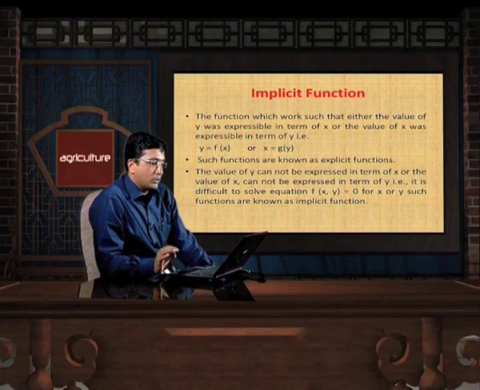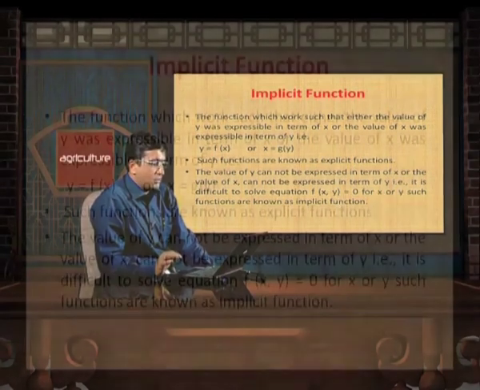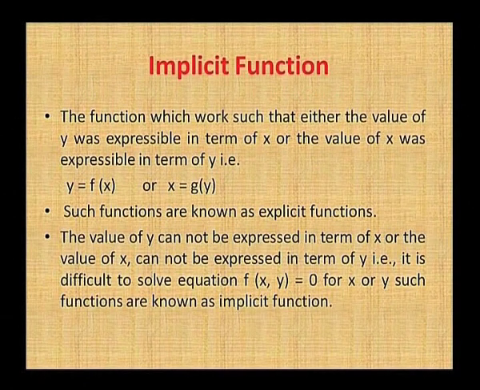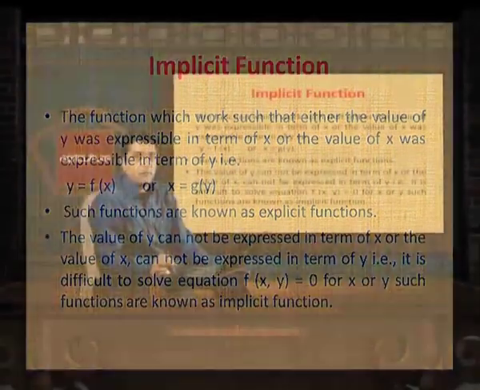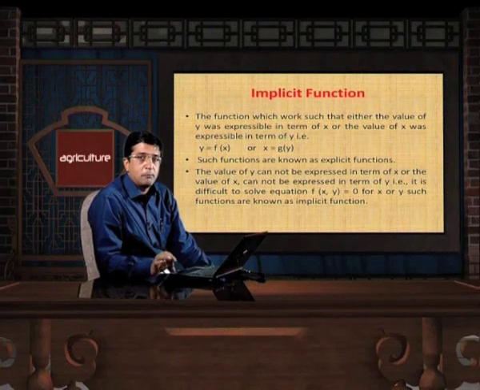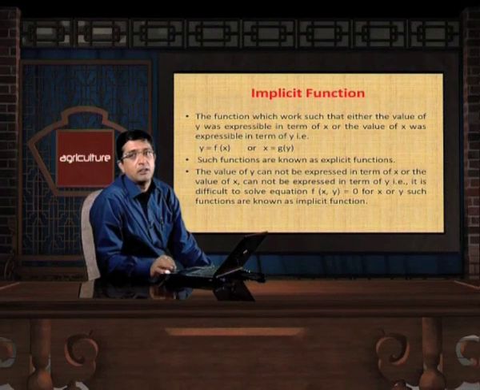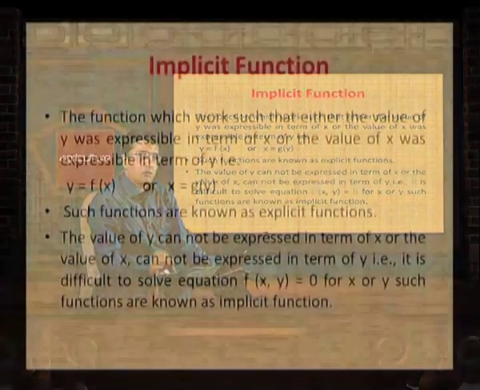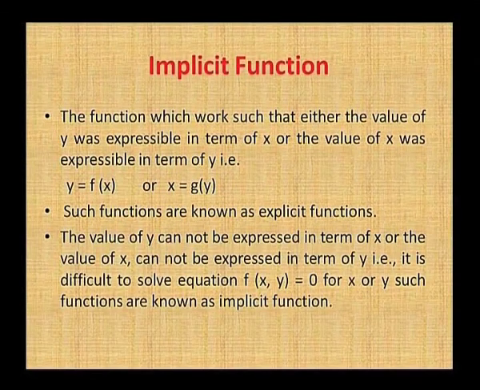Now we are going to discuss implicit functions. For a function where either the value of y is expressible in terms of x, or the value of x is expressible in terms of y, that is y is equal to f x or x is equal to g of y, it means y is a function of x where x is an independent variable and y is a dependent variable, or x equals g y means y is an independent variable and x is a dependent variable.